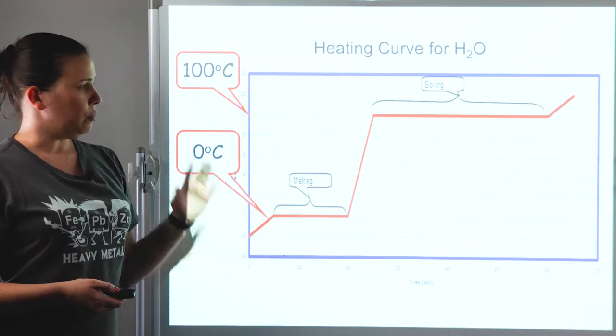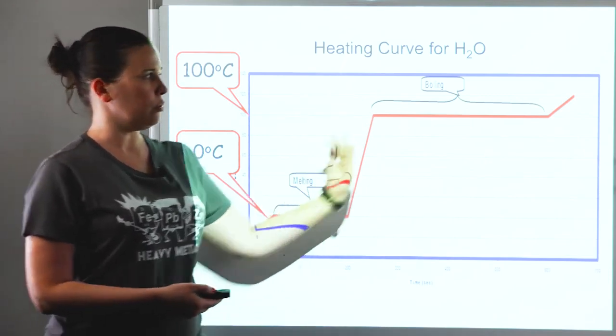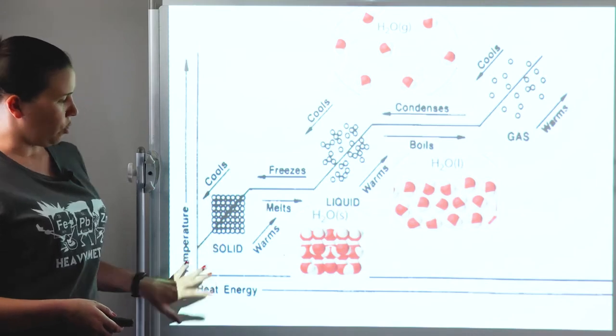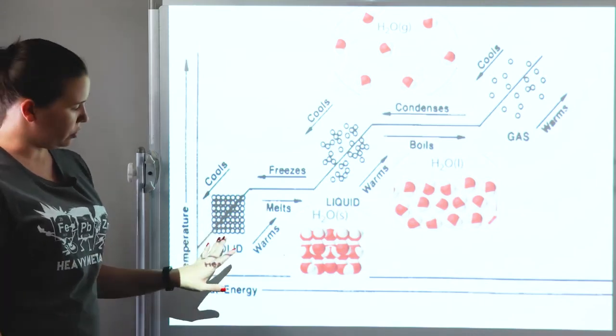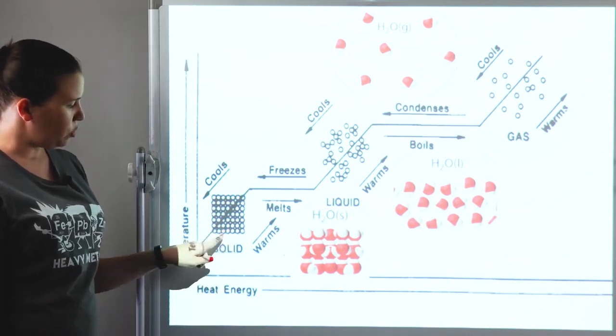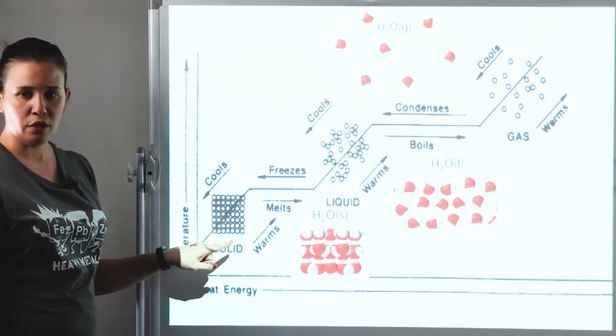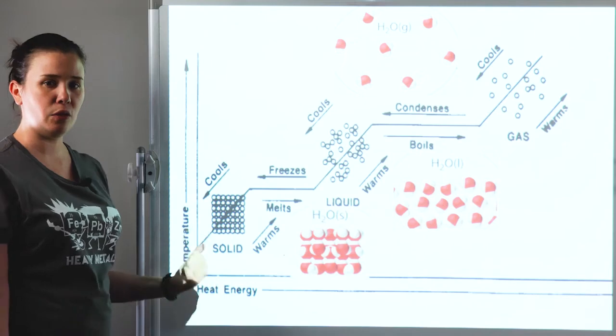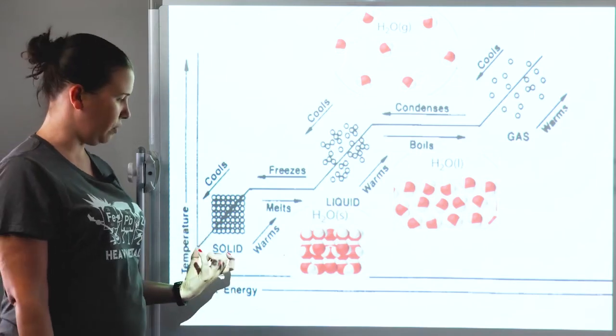So let's take a look at what the particles look like as we go through this progression. When we start off at -20, or negative whatever below 0, the solid, think ice, those particles are very close together. And according to kinetic molecular theory, they would be vibrating even though they're stuck in place. They would be moving.